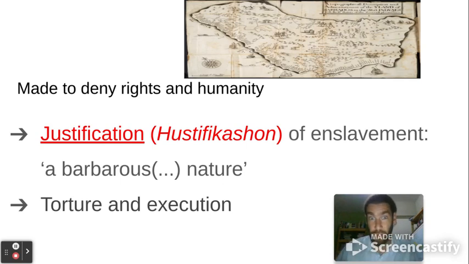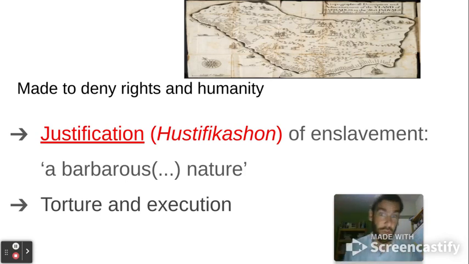This is also written in the Barbados Slave Act from 1661 and the later one from 1676. It says these people have a barbarous nature. In other words, they are different from us. This means that we have the right to enslave them. We call this a justification, the why of our behavior.